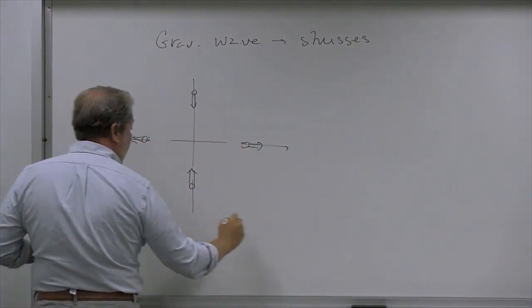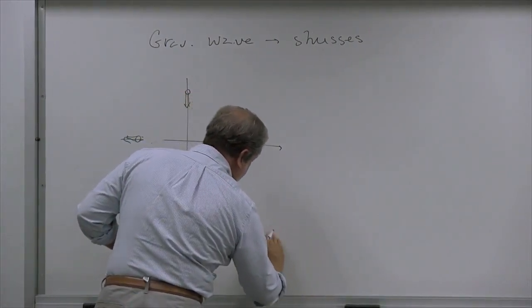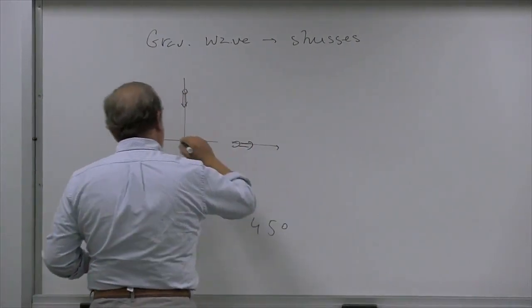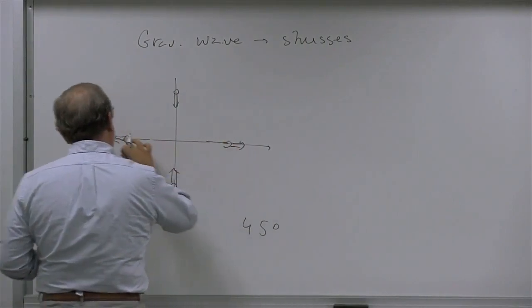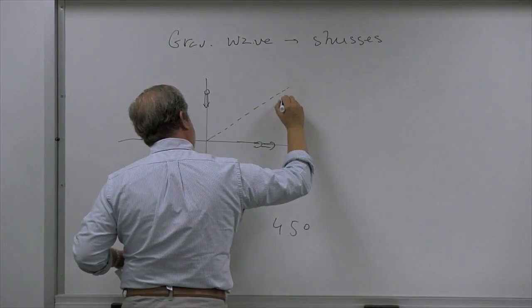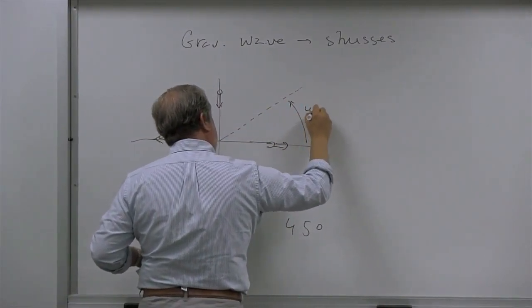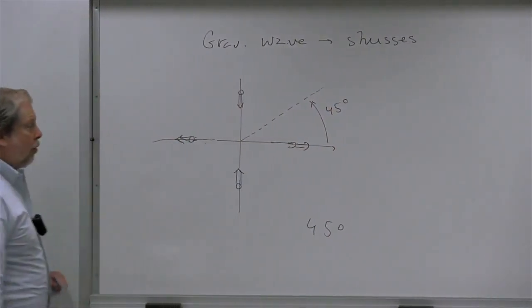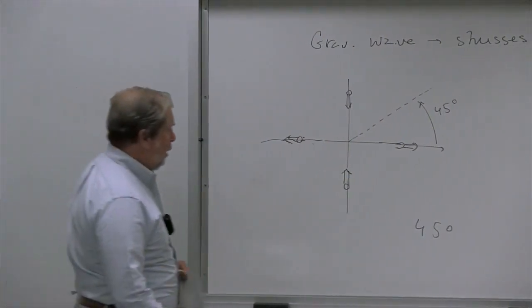And now we do a 45-degree rotation on this. So let's take an axis, which is located here. We do a rotation by that angle, by 45 degrees.